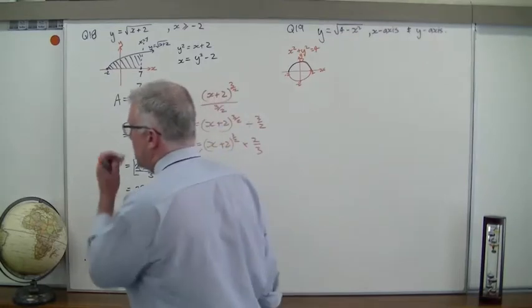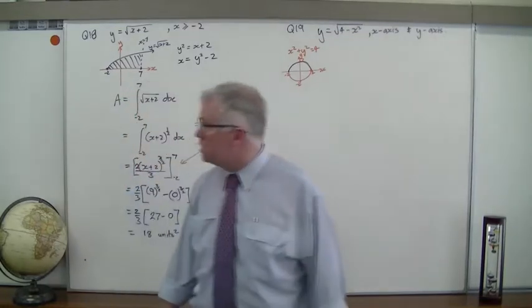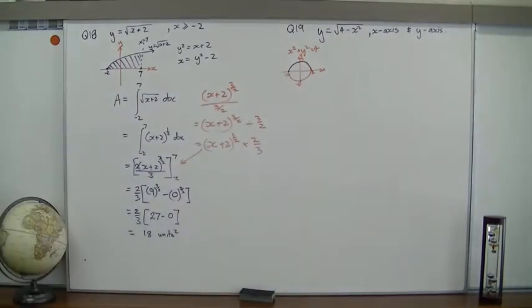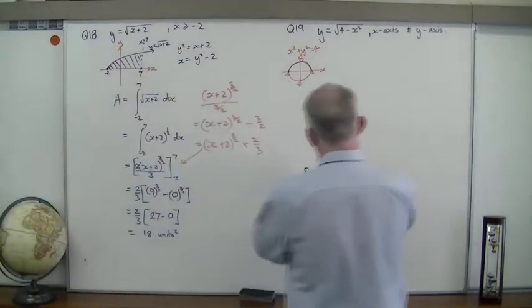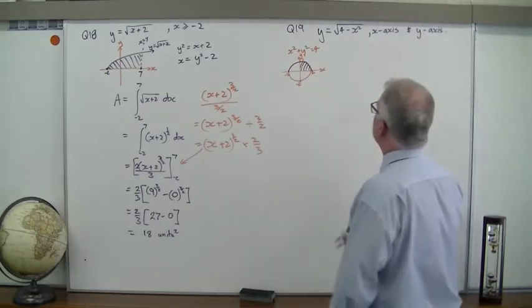Find the area enclosed. I'm just going to quickly nip off screen and check that question. Find the area bounded by the curve, that one, the x-axis and the y-axis, in the first quadrant. Oh, in the first quadrant. All right. Oh, well, this will be easy peasy, won't it?